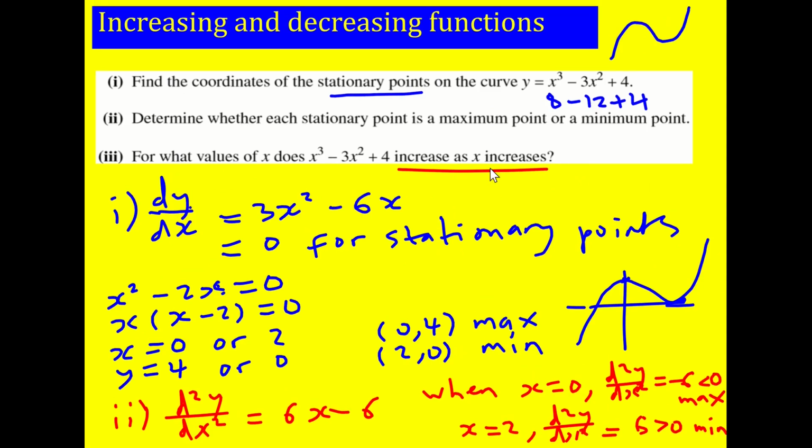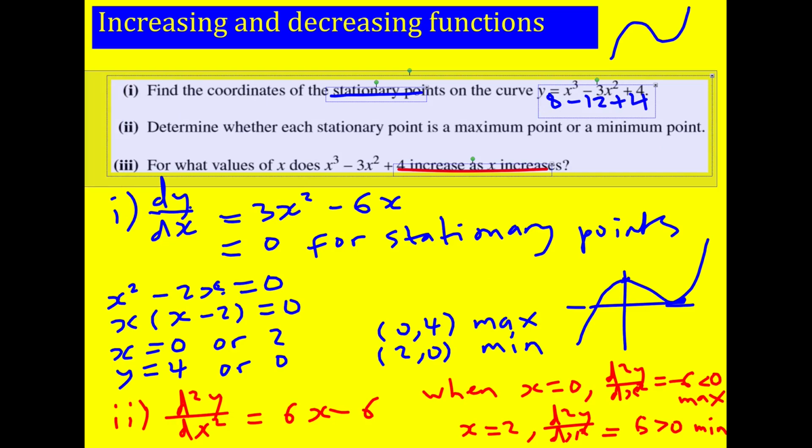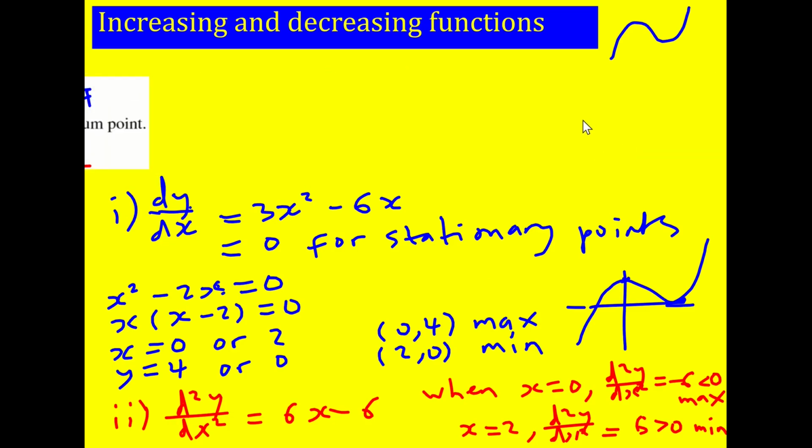So finally, if I want to work out where the function is increasing, it's going to be where dy by dx, so number 3, is going to be where dy by dx is greater than 0.